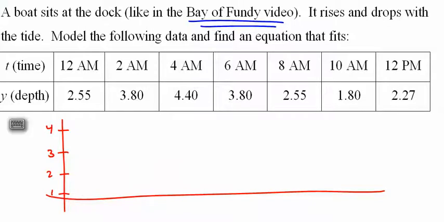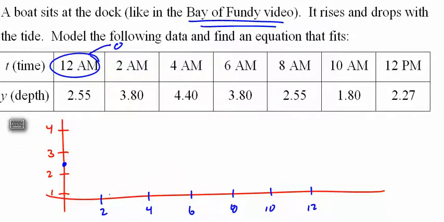So we've got a problem here at 12 a.m. You can't start at 12, so we have to call this 0. We'll leave 12 p.m. at that. We're up here at about 2.55, and then 2, 4, 6, 8, 10, 12.